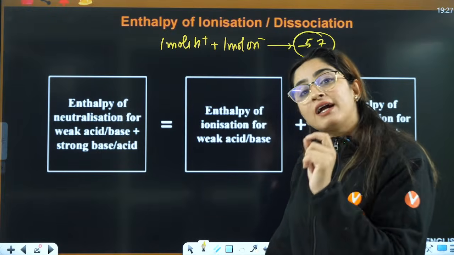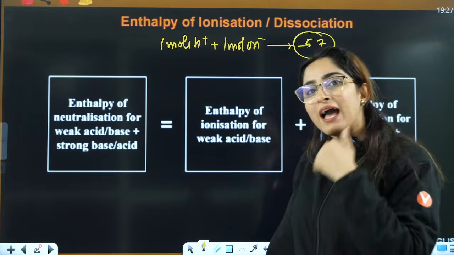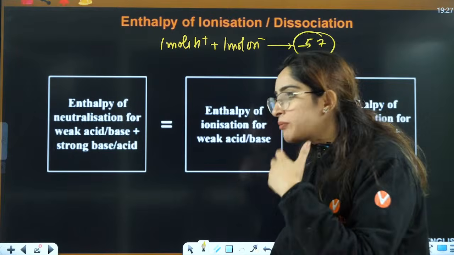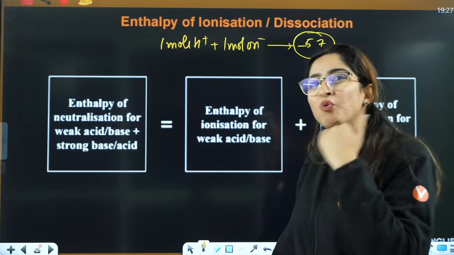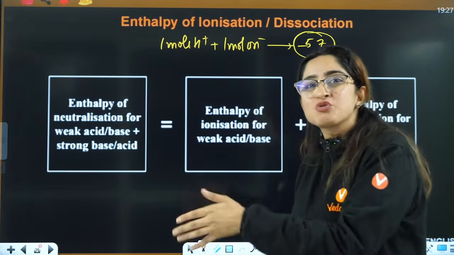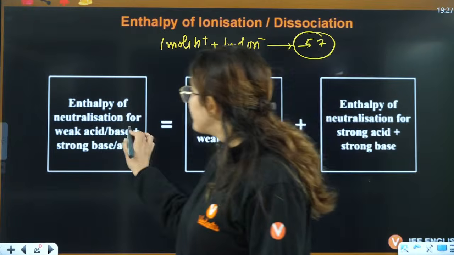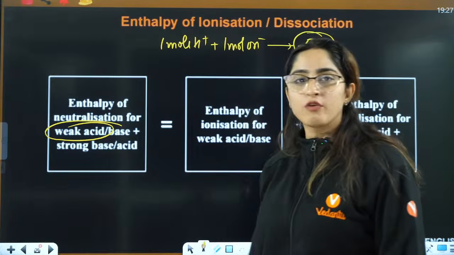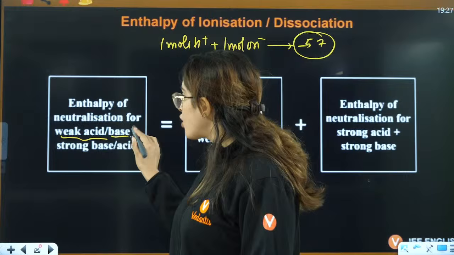Now, if I take a strong acid or a strong base, the strong acid will be 100% dissociated, it is going to give me 1 mole. The strong base will be 100% dissociated, it is going to give me 1 mole. I don't need to dissociate that further. But if I have a weak acid and a strong base, that means one of them is strong, either the acid is strong or the base is strong.